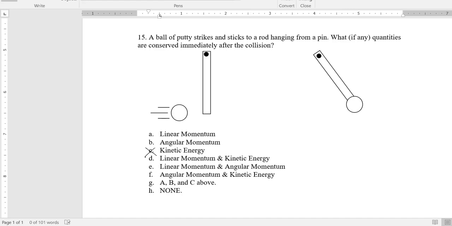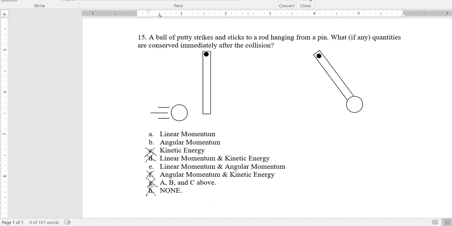It's still an inelastic collision, so you're going to lose a lot of energy here. Therefore, it cannot be D, and therefore it cannot be F, and therefore it cannot be A, B, and C above. So we've eliminated half the answers already. Now, it could be A, B, or E. I'm going to tell you right now it's not none. So it could be A, B, or E, but which one is it?